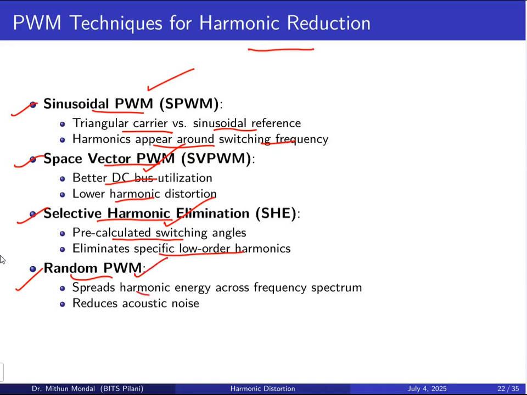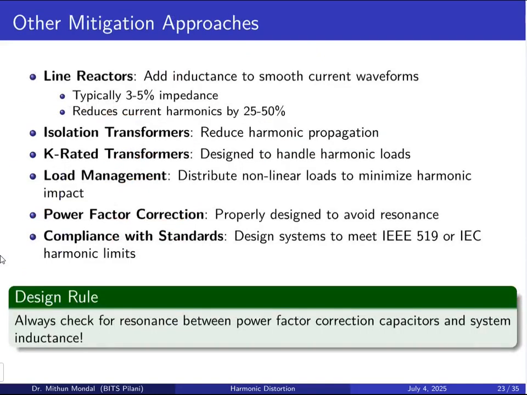Random PWM will spread the harmonic energy across the frequency spectrum, and this will reduce the acoustic noise generally present with the equipment. So the PWM technique is one of the powerful techniques for harmonic reduction.